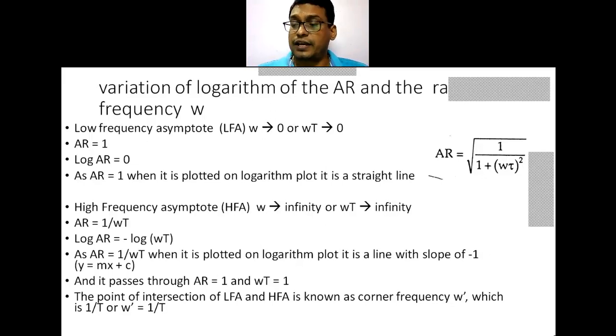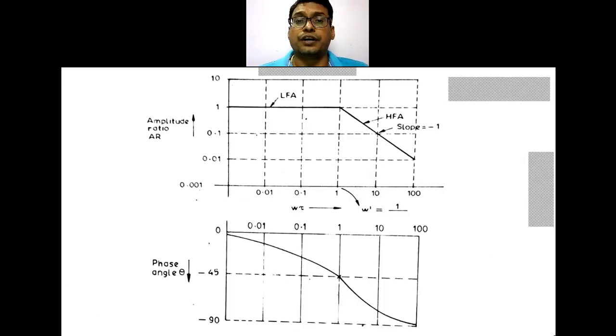That is why we are plotting it here. It tends to 0, that means 0.1, 0.01, 0.001 and so on.